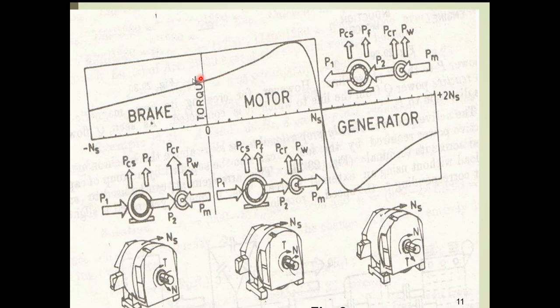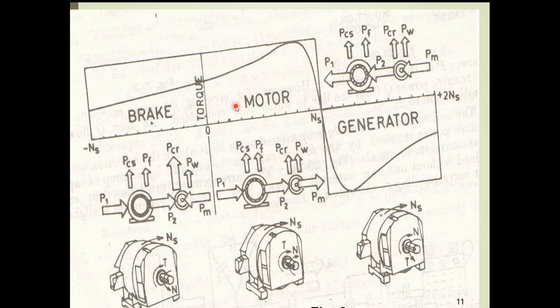We know that here only the torque is falling. We observe the speed is from 0 to ns, and after ns till 2 ns, this same motor will run as an asynchronous generator, and the graph will be quite opposite to that of a motor.